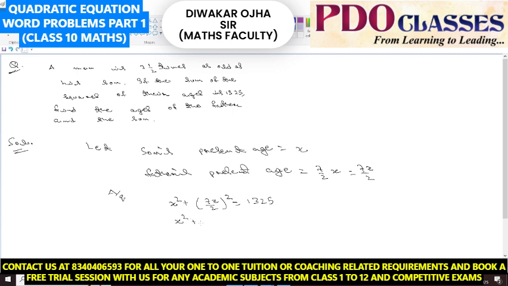That means x square plus 49x square by 4 is equal to 1325.